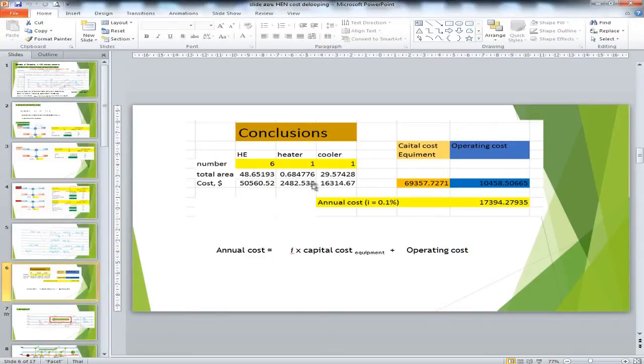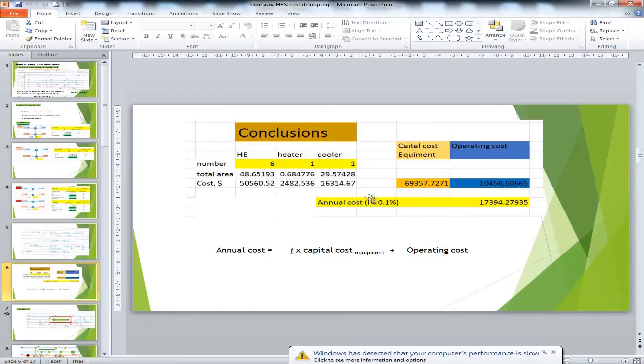So this is the capital cost. So I make the summation of these 3 to be the capital cost, I mean heat exchanger, heater and cooler. Now I can do the summation of steam and cooling water that we purchase here.